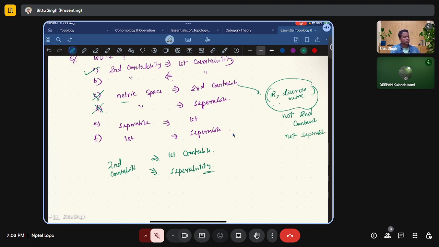We have also seen this fact in a previous day's class. Now what about separable implies first countability? That is also not true. Here the example is actually first countable, though it is not second countable, and a metric space is always a first countable space. So first implies second is false by the same example.